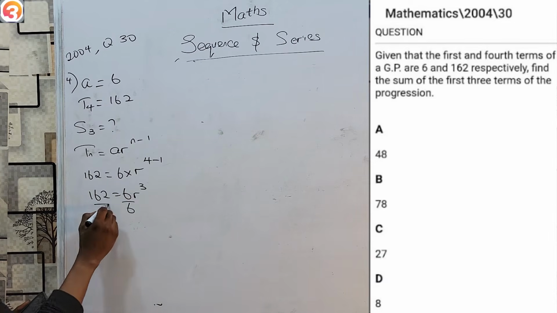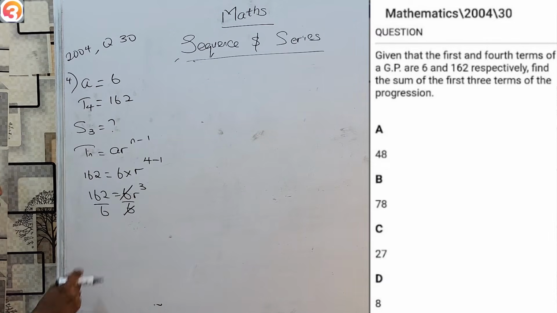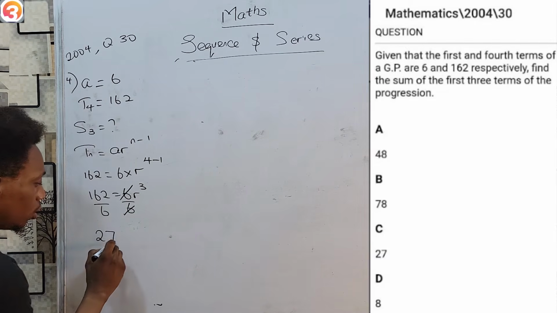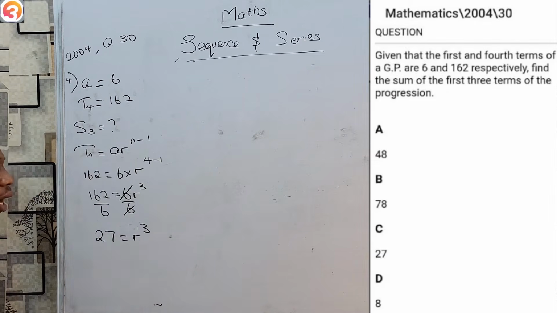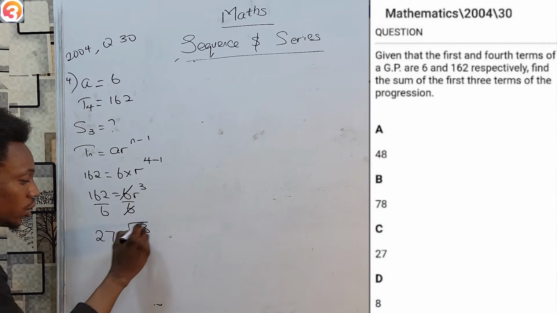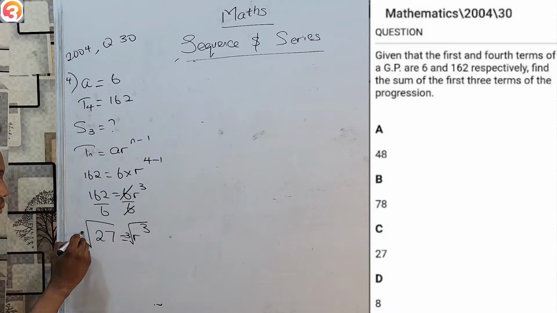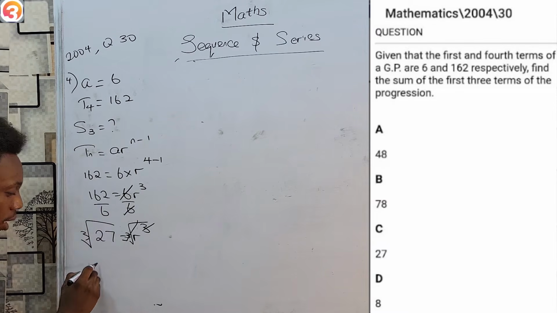So divide both sides by 6. 162 over 6, just use the calculator, will give me 27. So 27 equals r cube. And obviously, to get rid of this cube, I have to take the cube root of both sides. And as such, the cube root of 27, you should know this, is 3.